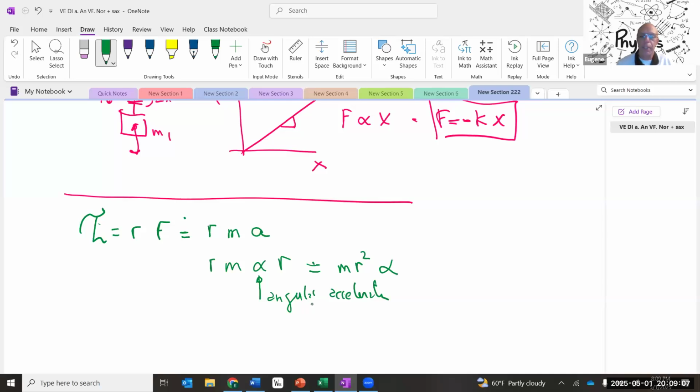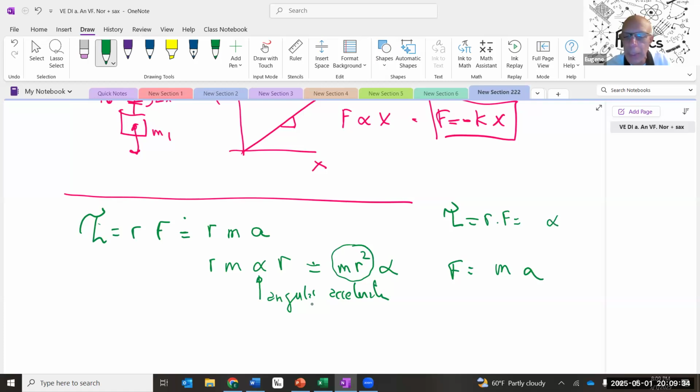Remember, I was saying the parallel between torque and force. Force is ma, and torque is r times force, but I can see here also that it is this mr squared times alpha.